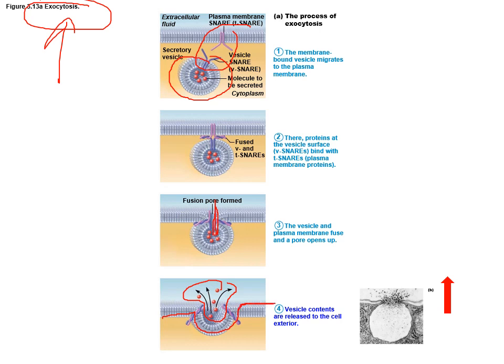There you go. And here's a really nice picture of it. You can see that the vesicle is anchored and it is releasing its secretion out of the cell. So the use of a vesicle to allow for items to exit the cell is called exocytosis.